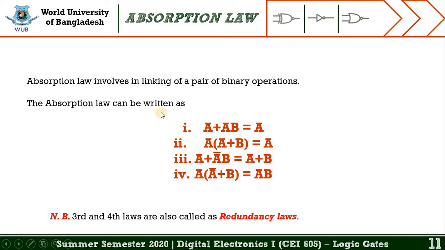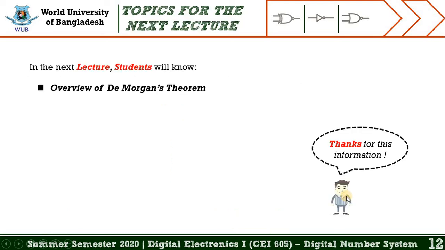The absorption law can be written as A or (A and B) is equal to A and (A or B) is equal to A. A or (not A and B) is equal to A or B. A and (not A or B) is equal to A and B. Third and fourth laws are called redundancy law. Remember these things. In the next lecture you will learn about De Morgan's theorem.